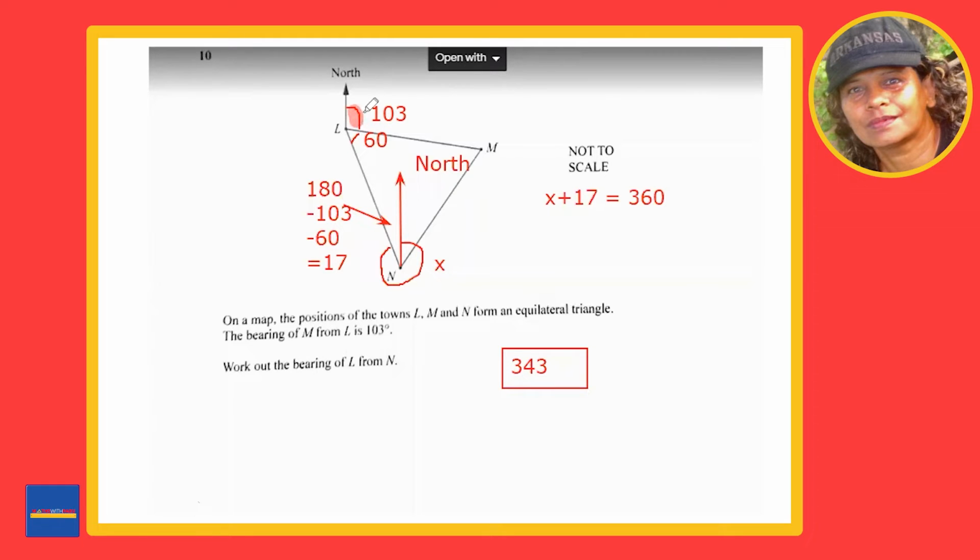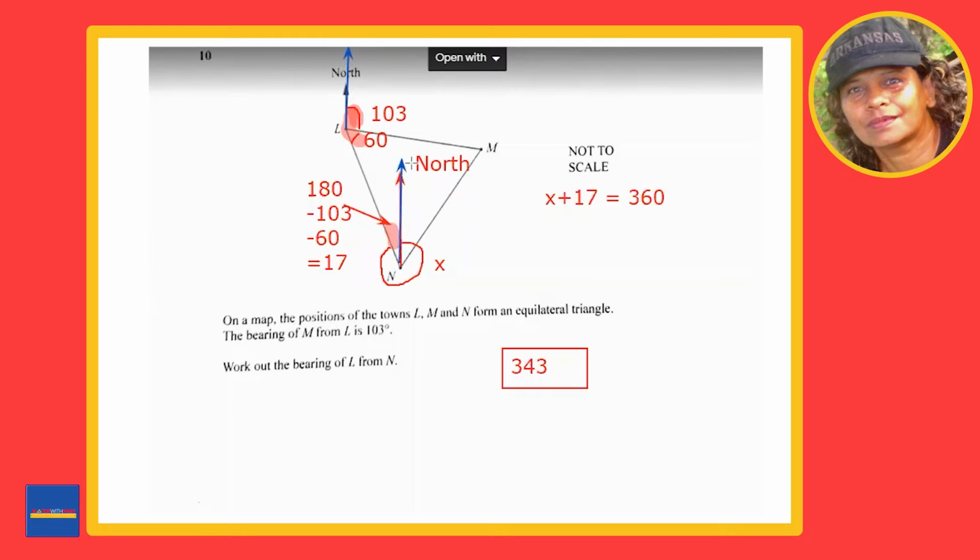So here what we do is, we know that it's an equilateral triangle. That means everything has to be 60 degrees. Now, we also know that these two angles are interior angles because they're both parallel. They're both facing north, so they're both parallel, right? So this is facing to the north, this is facing to the north, so we're talking parallel lines.